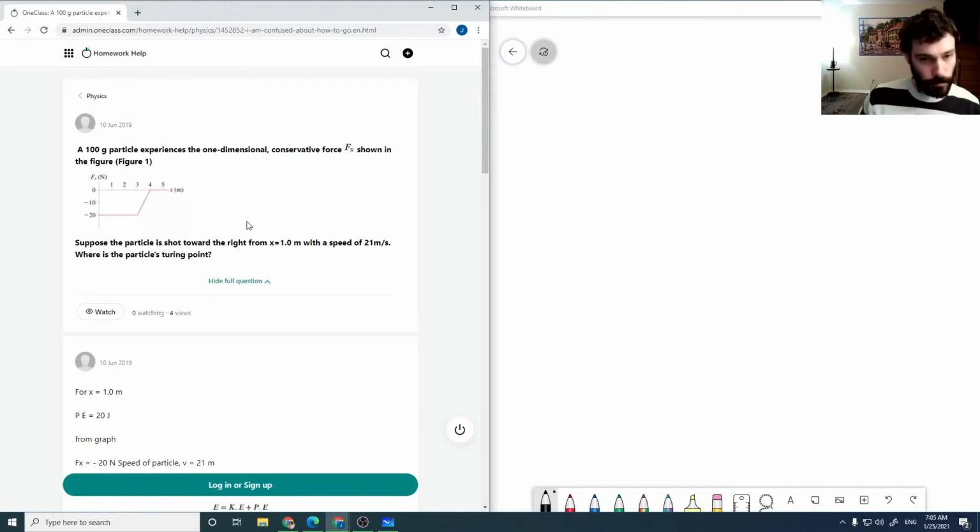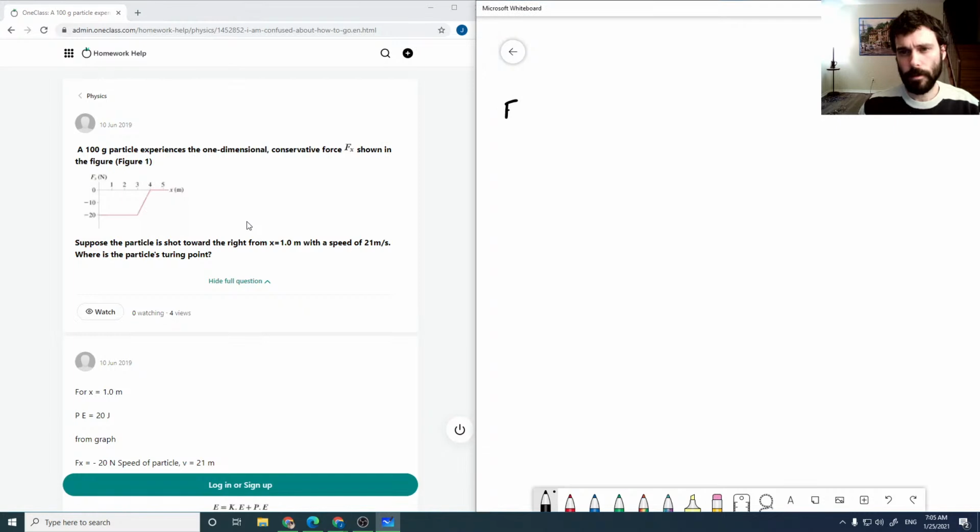All right, so here we have a 100-gram particle, which experiences the force that's pictured in the figure. I'm just going to re-sketch it a bit.